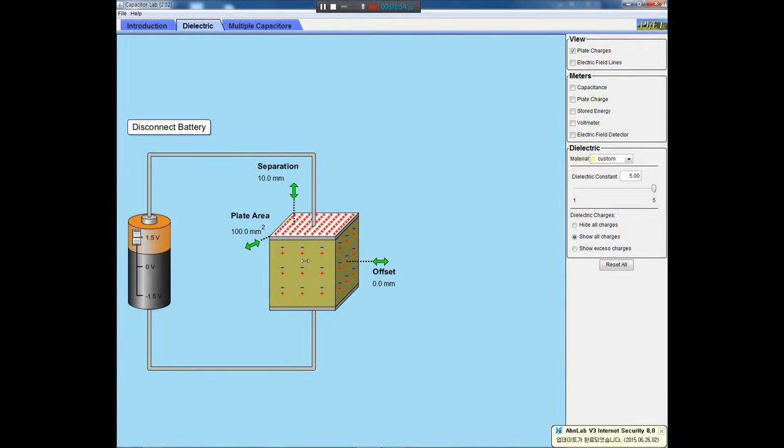As you can also see, inside these dielectric materials there are pairs of positive and negative charges everywhere. This is the key element in being able to increase the capacitance by using the dielectric. I will explain this in the next slide.